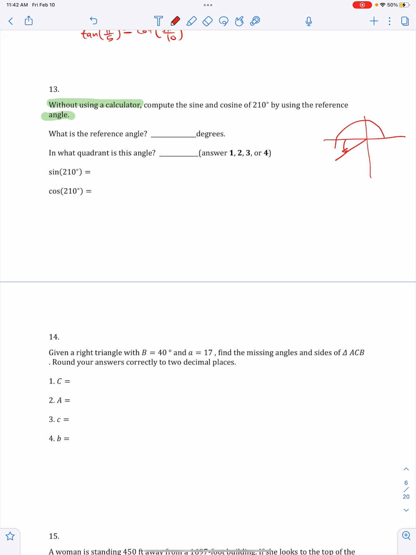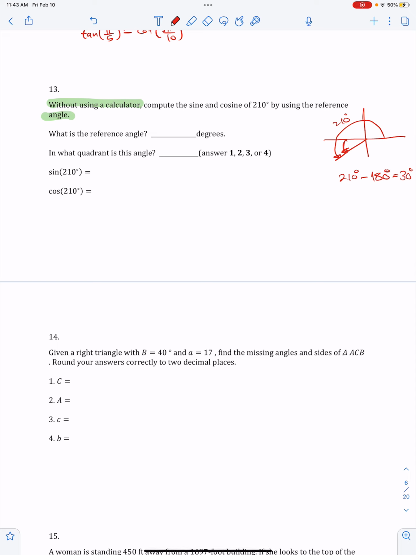So if all of this is 210 degrees, then this little much is 210 minus 180 degrees. So 210 minus 180, that is 30 degrees.